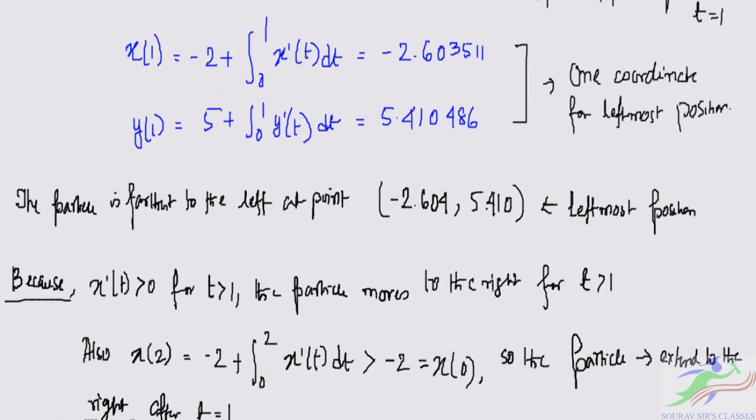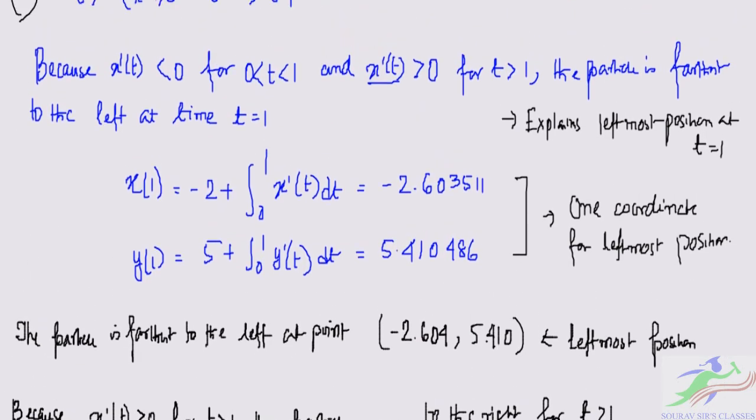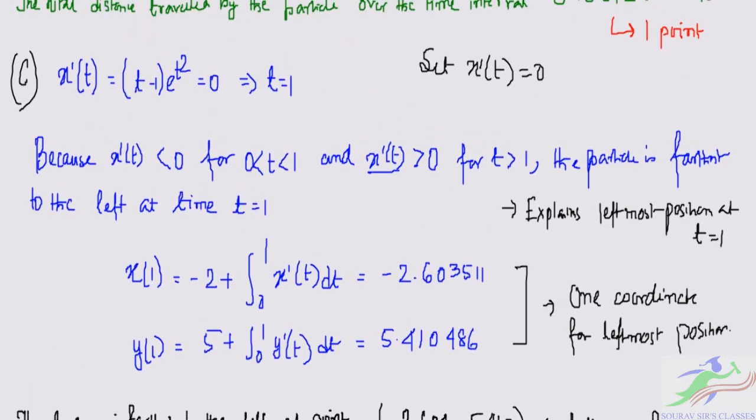So we have completed the 3 parts A, B, C. For this we have set x prime of t equal to 0. So this is 1 point. Now we have explained the leftmost position at t equal to 1. So that is 1 point. And we have determined the coordinates for the leftmost position.